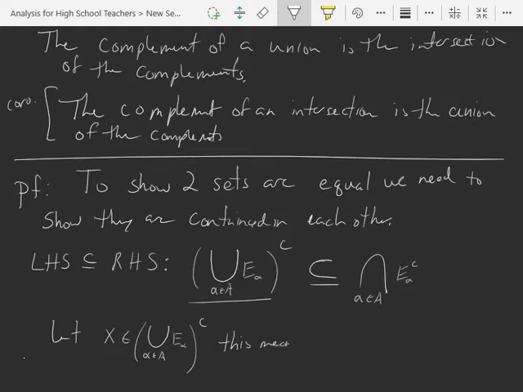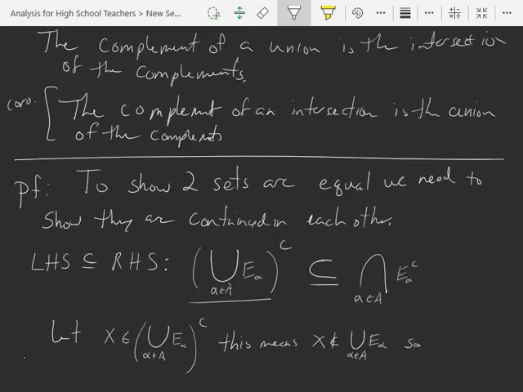Okay, this means x is not in the union of E sub alpha, alpha in A, right? For it to be in the complement, the only way is if it's not in the union of all of those things.